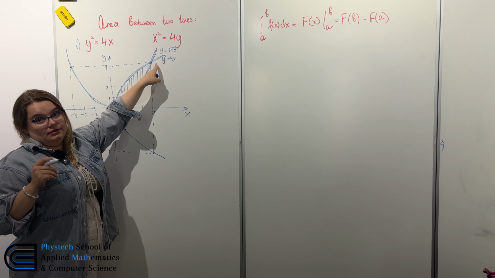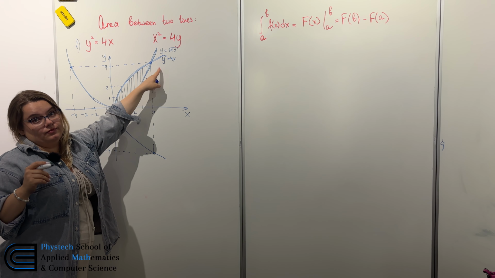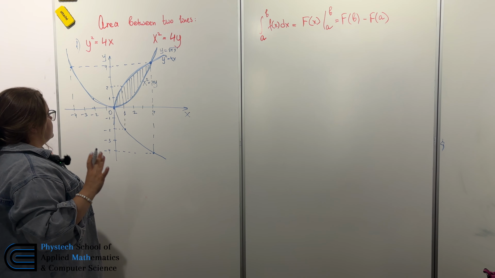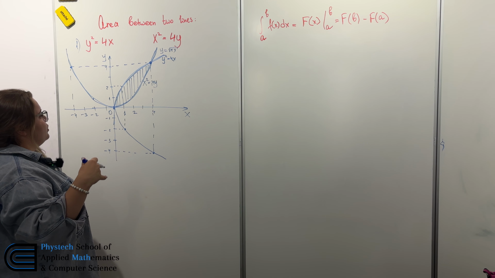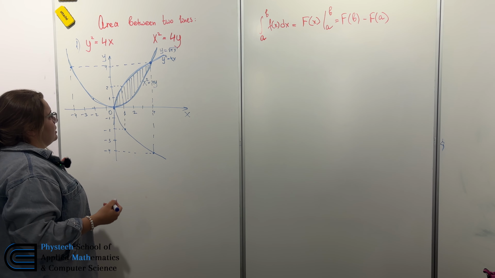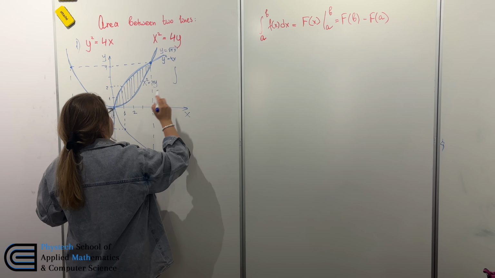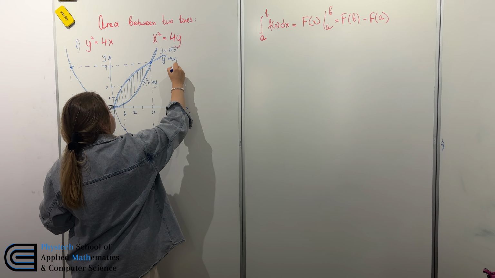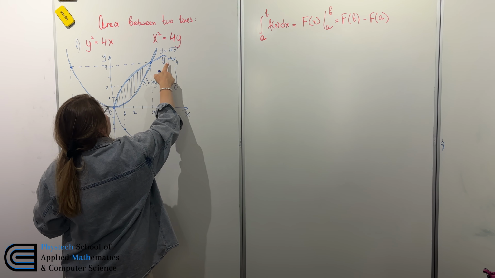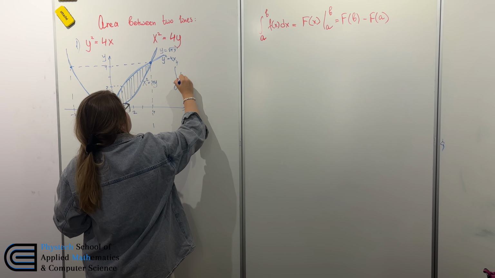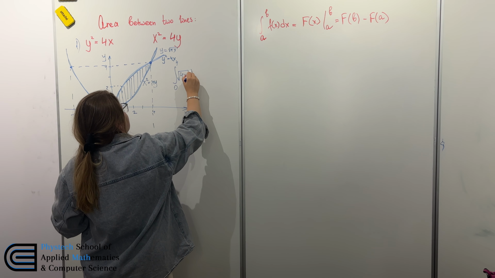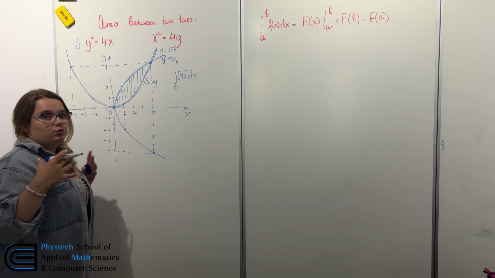Here there is an intersection of our lines. So let's see, if we calculate this integral from 0 to 4 of this function, square root of 4x dx, what will we obtain?